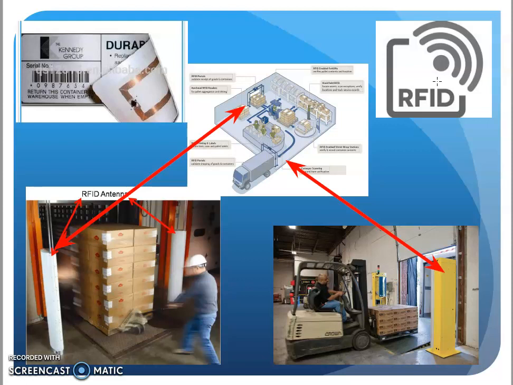It literally charges the products I'm buying to my key fob, and I could just walk out the door with those products, and it would charge my account for them.